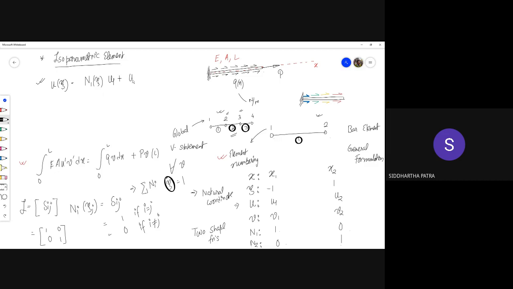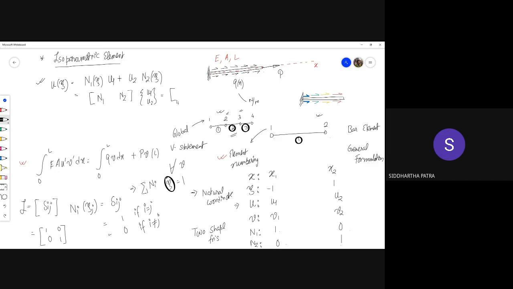Next comes n2 of xi. This could also be written as n1, n2, and it's implied that these are functions of xi, times u1, u2.